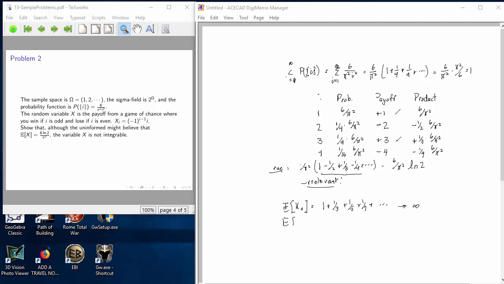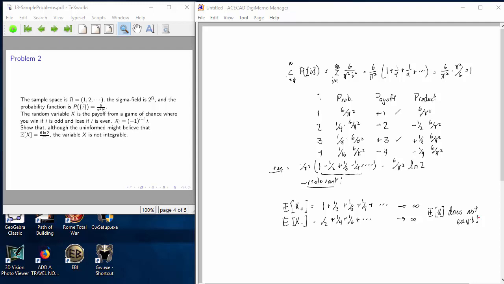And then, if we take X minus, which is the absolute value of the payoff if it's negative, 0 otherwise, we'll get 1/4, 1/2, 1/6, and so on. That also diverges to infinity. And our conclusion is that the expectation of this random variable does not exist.